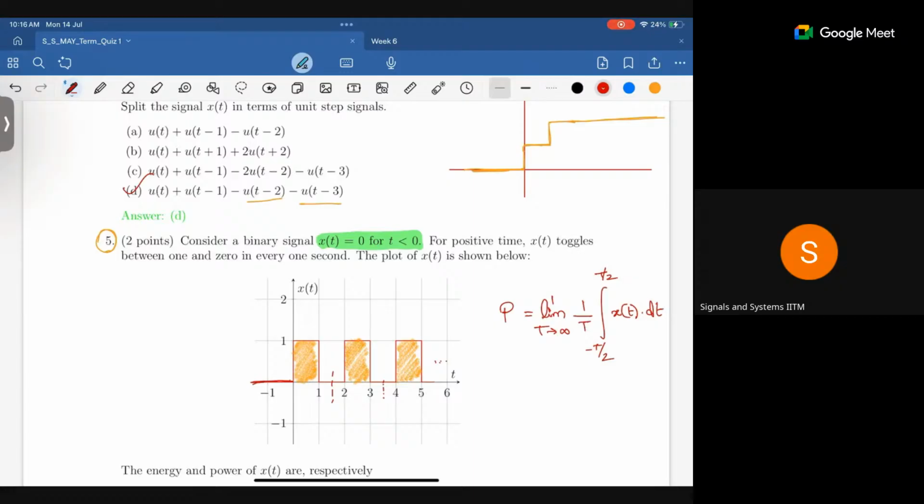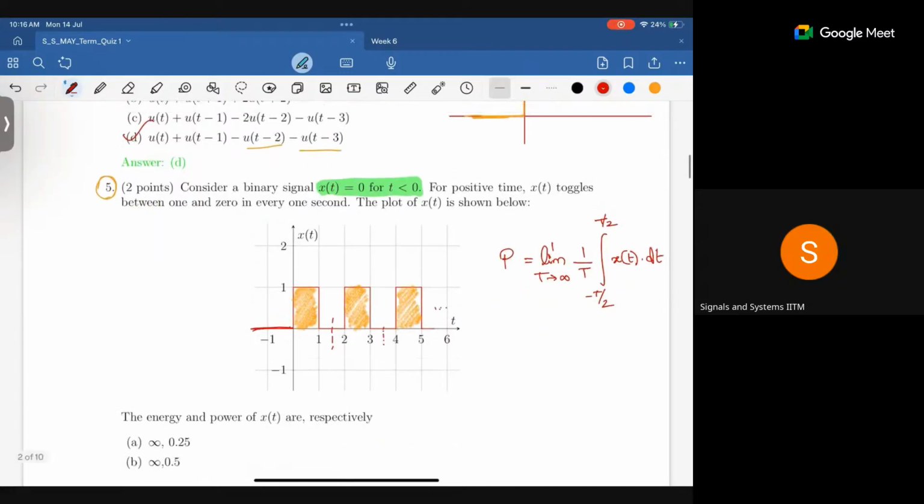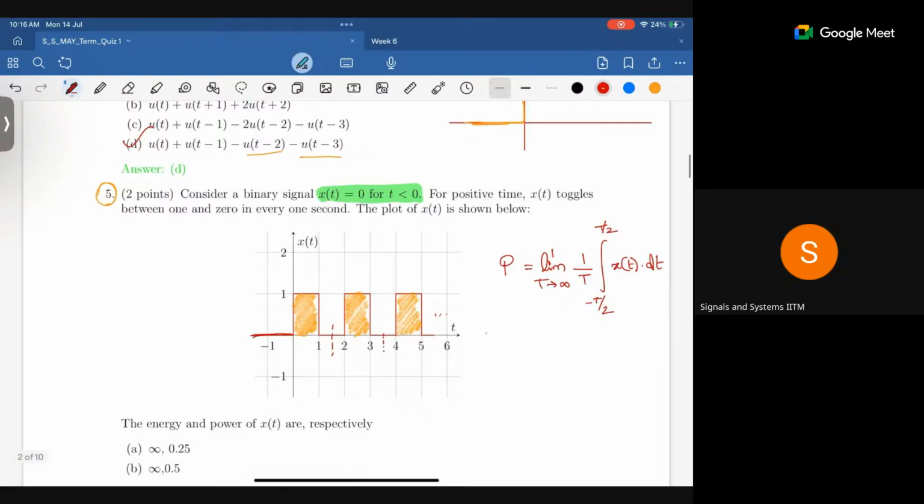Now we can see that with limit T tends to infinity, 1 by T, somewhere is T by 2, and this is minus T by 2.